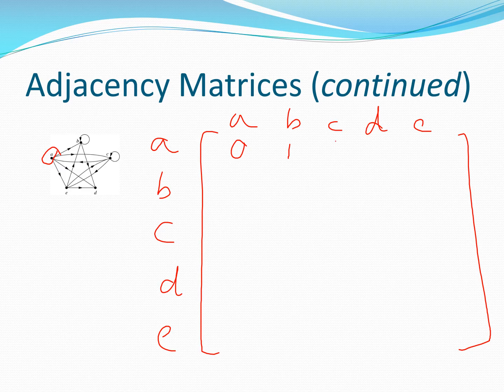A to C, yes, there is an edge. A to D, yes, there is an edge. And A to E, there is no edge. Sorry, A to E there is an edge, so that's going to be represented with a 1.